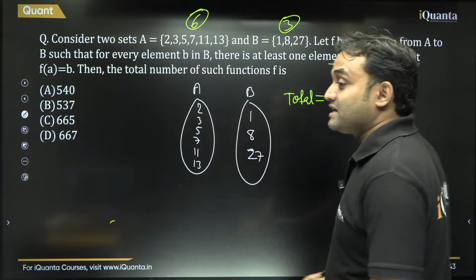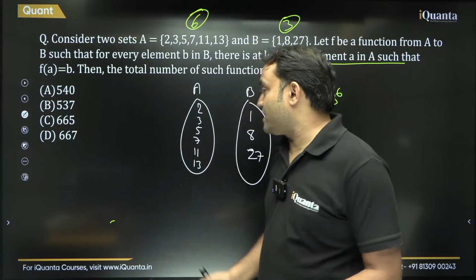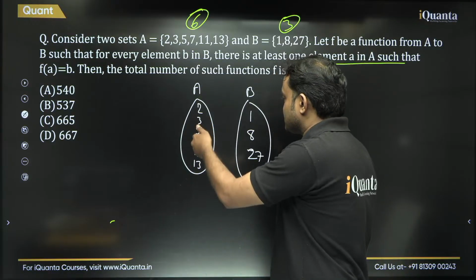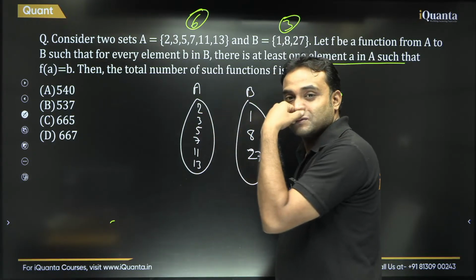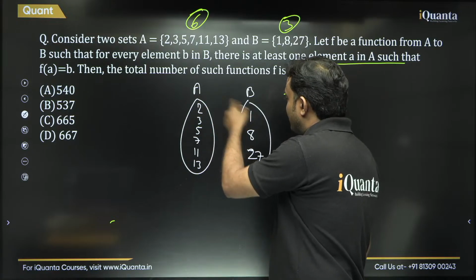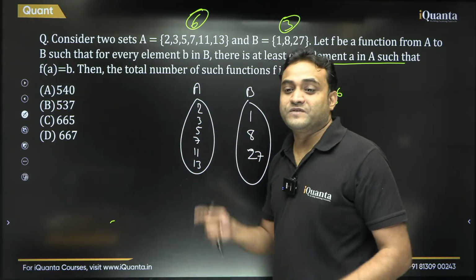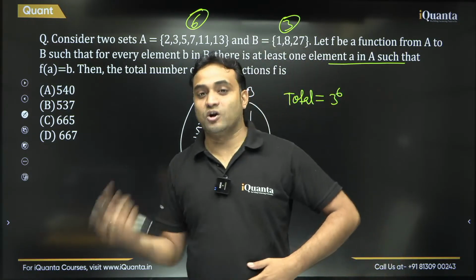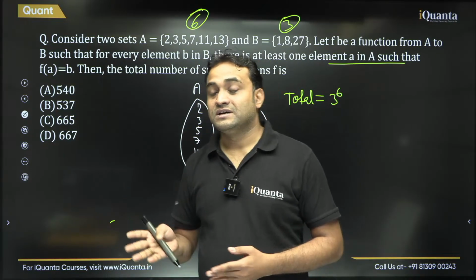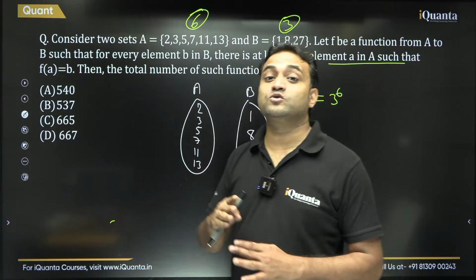But there are some cases where multiple inputs have same output, right? It's not possible that one input can be given to two different outputs. If there is one input, there should be one output. It cannot be one input and two different outputs. That is the case which we need to remove here.